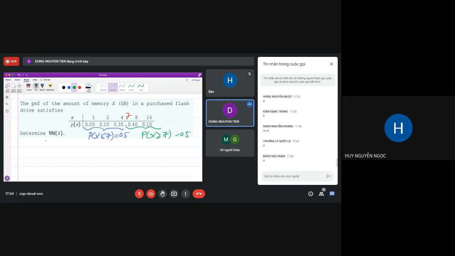All right. So I can say that the median is also 7. It means that the median of x is any number in the interval between 4 and 8. Do you understand?